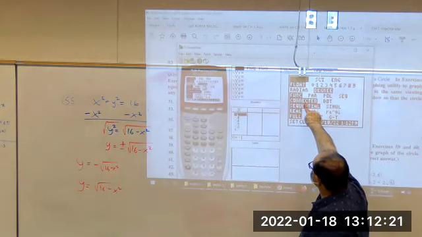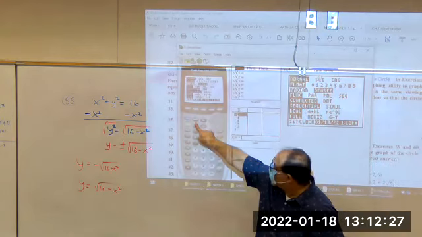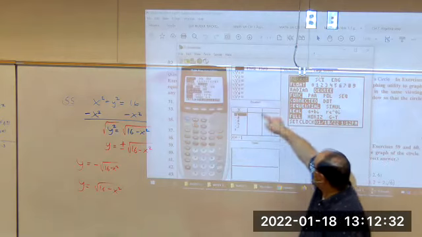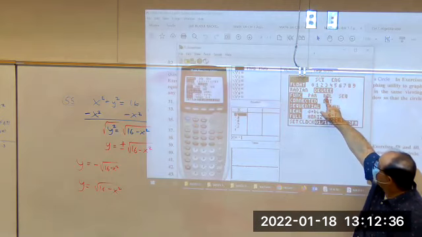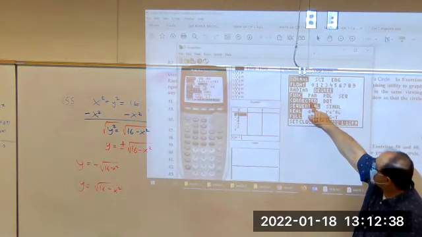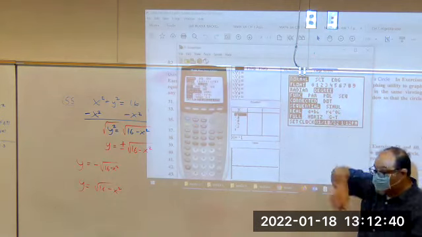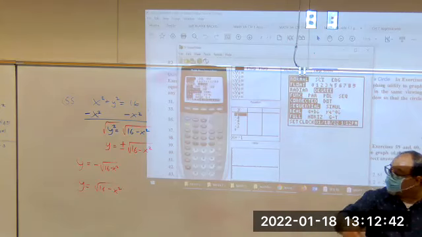You want to make sure that this is on connected. So I press mode right here, and mode pulls up this screen. Make sure this is set so it actually draws a connected graph.